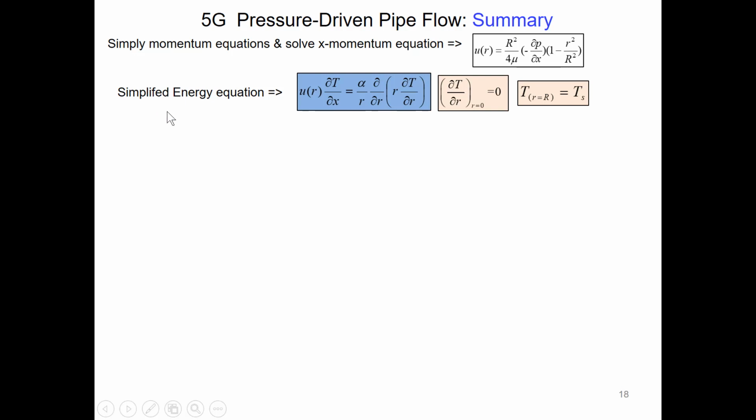After simplifying the energy equation, we have 2 terms left with the velocity known, under the thermal boundary conditions: symmetric at the center r equals 0, and the surface has a temperature Ts.